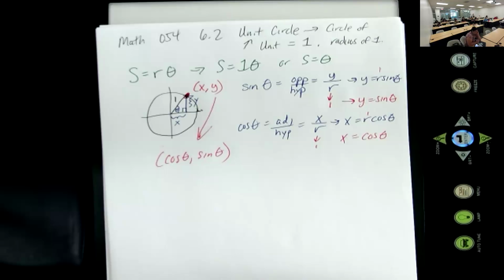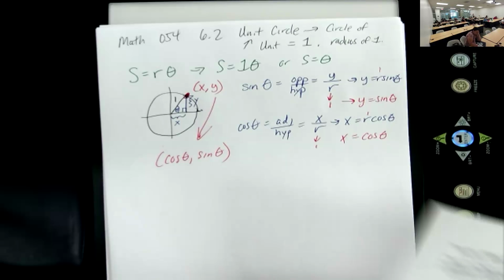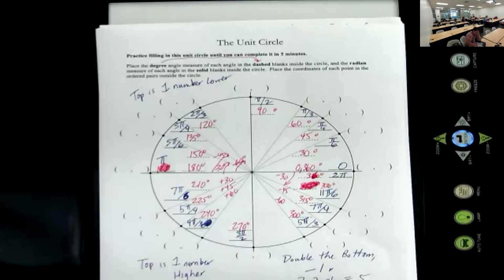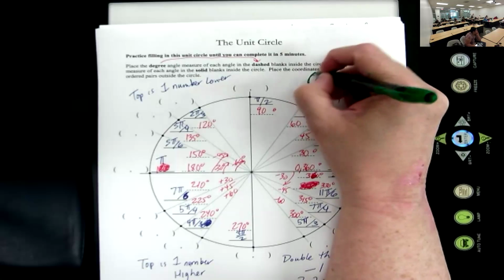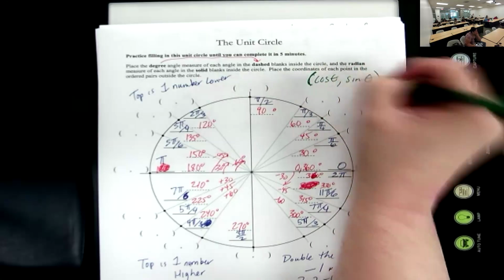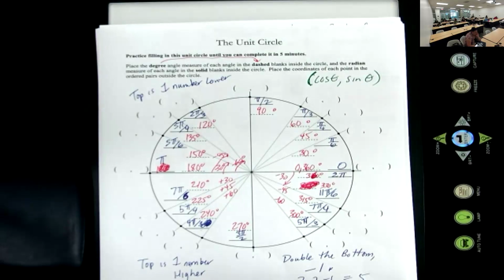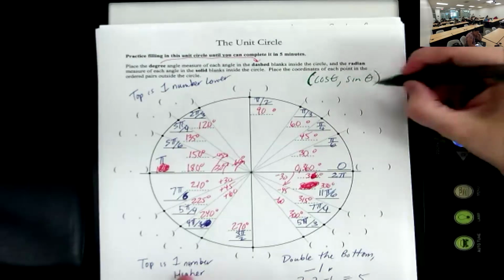Which takes us back to our unit circle page. Now we can fill in the rest. These should all be in the form cosine theta, sine theta. And remember, these are also xy.